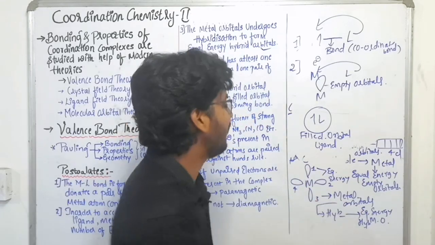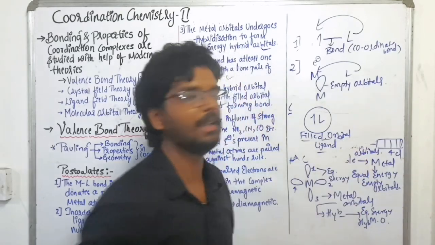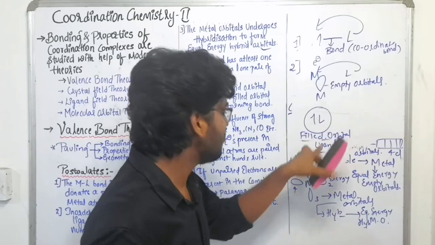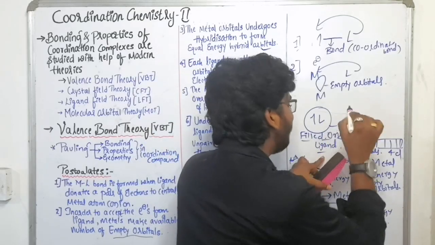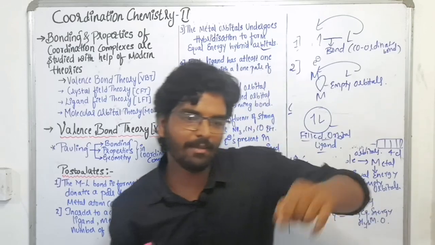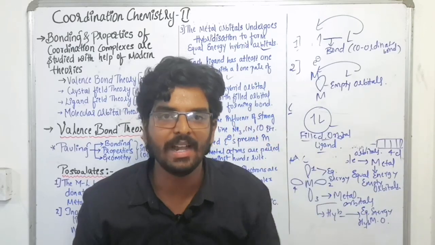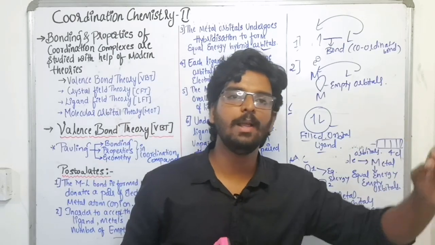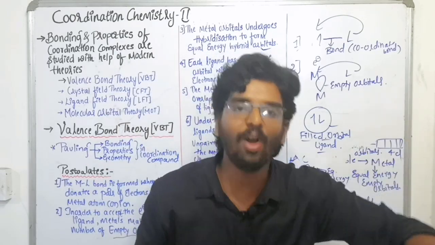That means these electron pairs are present in an orbital. Even the ligand has orbitals where the electrons are present. The ligand carries at least one orbital in which the lone pair of electrons is there, and that lone pair of electrons is donated to the central metal atom or ion.